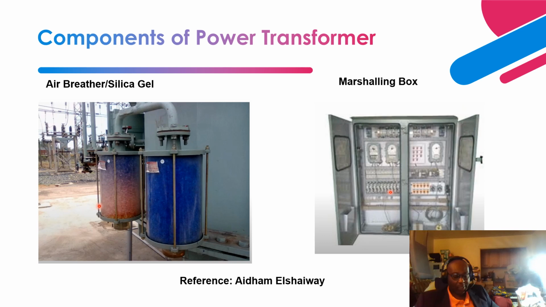As you can see over here, you have a pot of oil chamber here, and you have holes around it, right? So the air from the atmosphere goes through this portion and goes through this silica gel. The purpose of the pot of oil is to regulate the amount of air intake, because you don't want a whole volume of air going through this silica gel. What is it going to do?